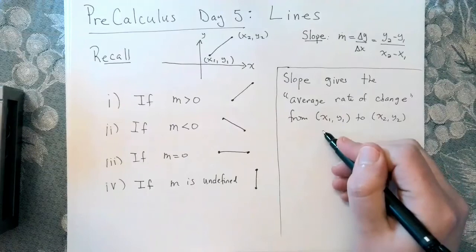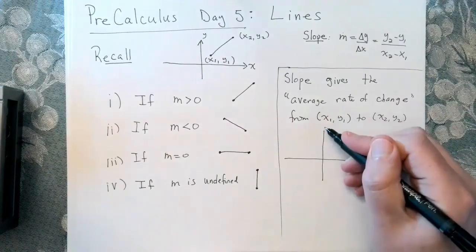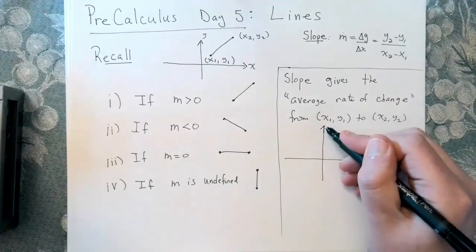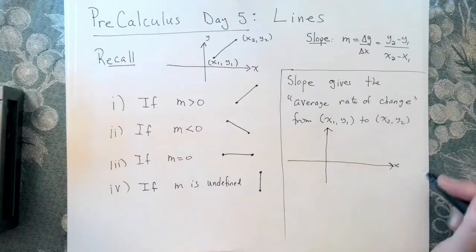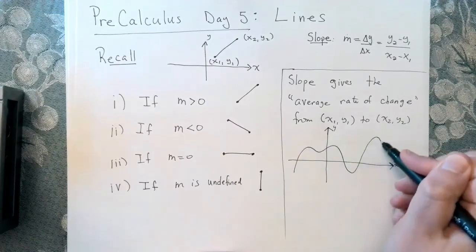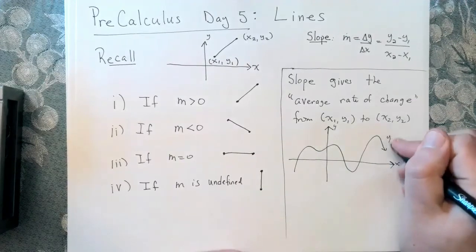For example, say I've got some nice function that models something. Maybe it models profit, or maybe temperature, or something like that. Okay, so here's my function. This is not a line, of course, but it's just some function y equals f of x.